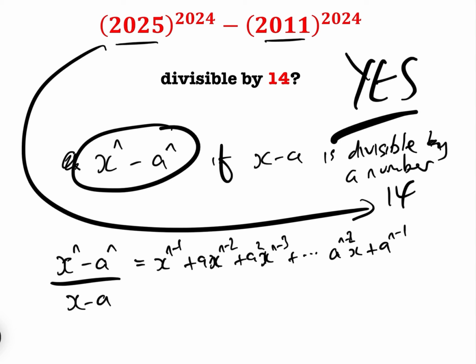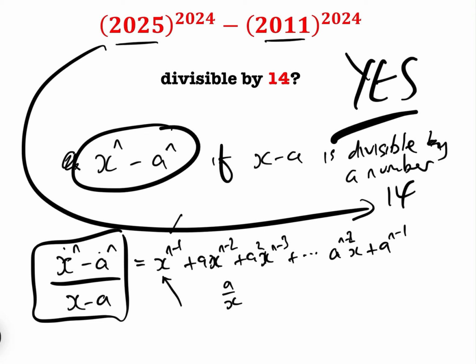This can be proved. It's basically just a geometric series where this is the first term and the ratio is a over x. If you just plonk the first term and the ratio into the geometric series sum, you will get this.